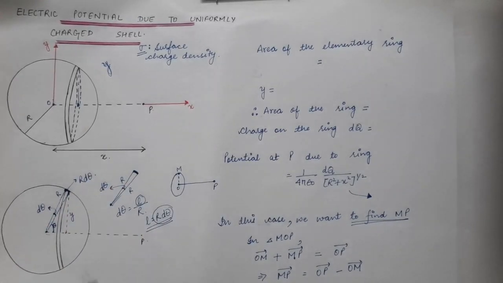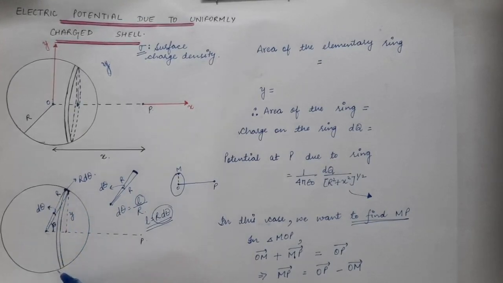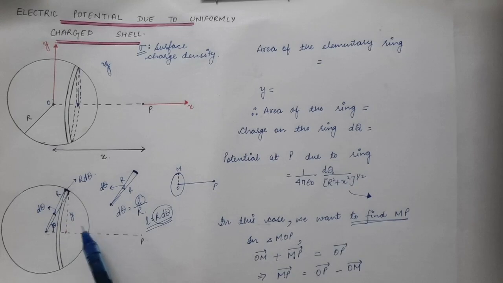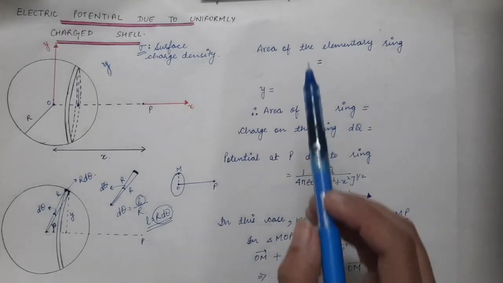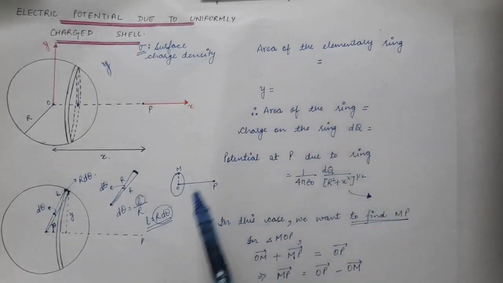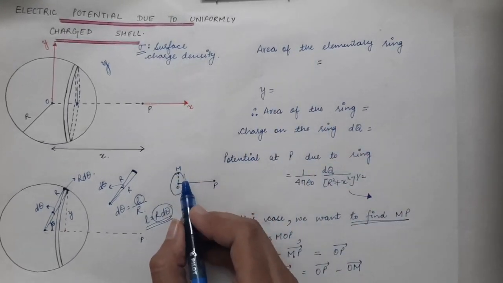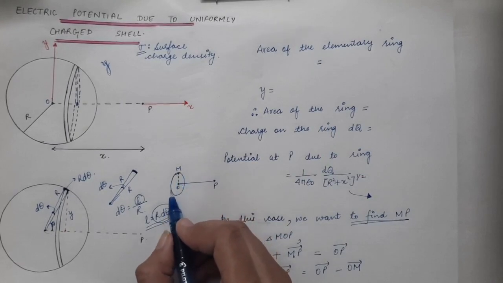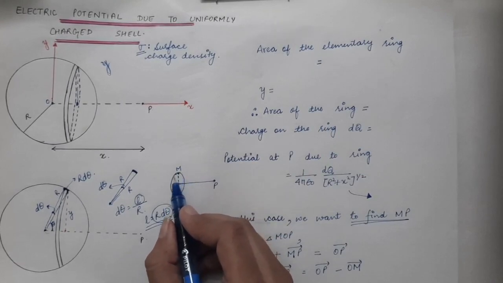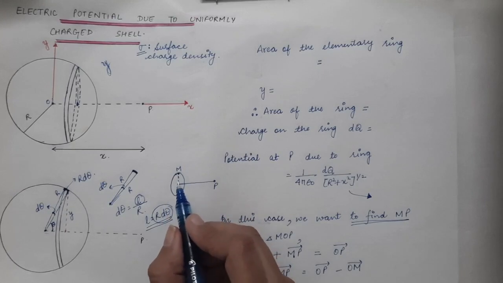So now we are going to find out the electric potential at point P due to this elementary ring, and after that we will integrate over the whole shell. That will give us the total electric potential at point P due to the whole charged shell. First of all, in the previous lectures we had seen a circular ring, not a disc.